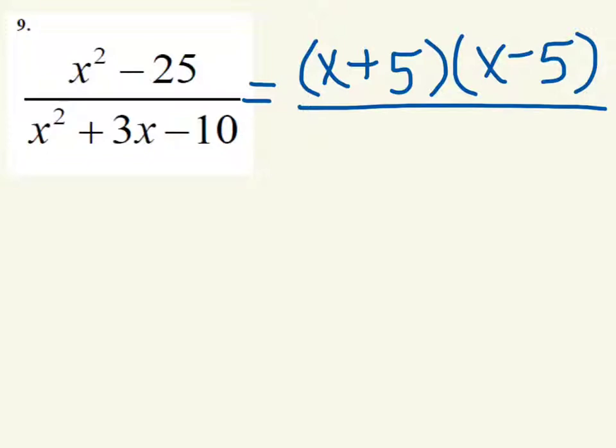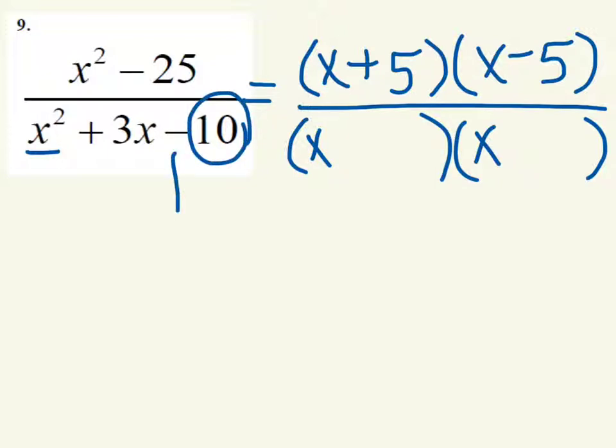Now let's factor the denominator. Again, I've got a trinomial whose leading coefficient is x squared. The only way of factoring that is x and x. Then let's factor by looking at factors of 10 whose difference is positive 3. So we either have 1 and 10 or 2 and 5. 2 and 5 is the one that we want.